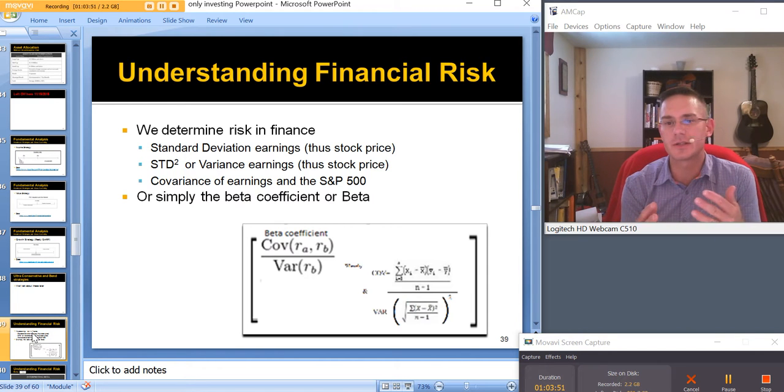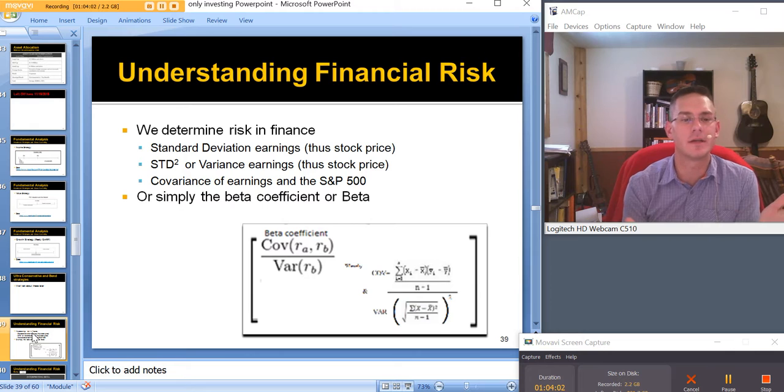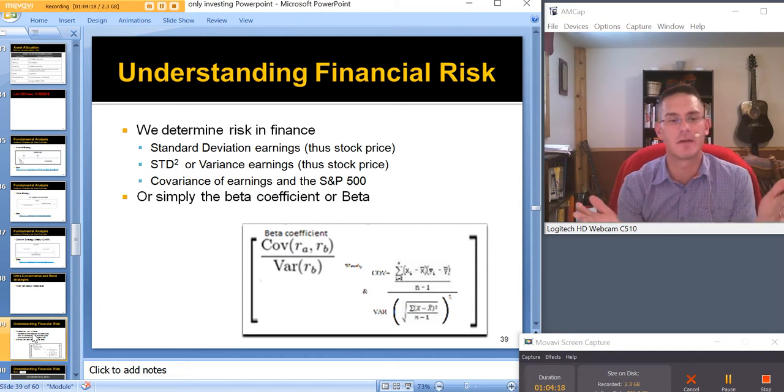Now, risk is just applying statistics. We can measure risk through the standard deviation of something, or standard deviation squared, which is variance, or we could look at covariance and compare a couple of different things, such as the covariance divided by the variance of a stock by the S&P 500.